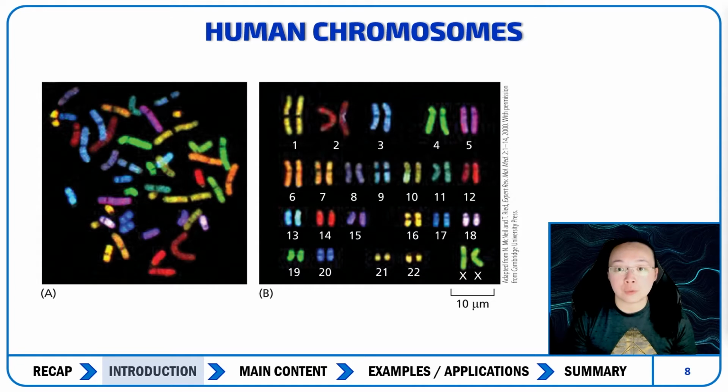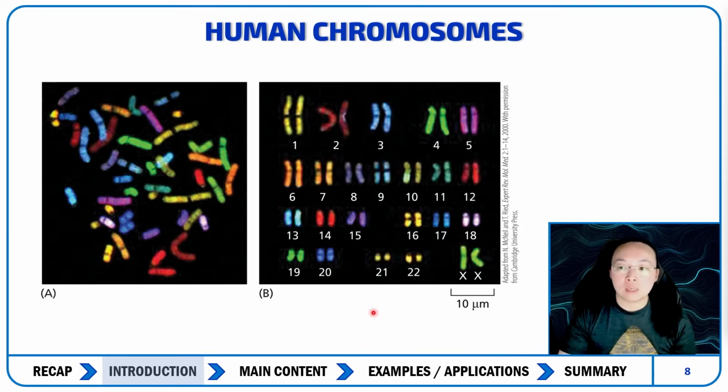Just so you know, there are so many different ways of modeling DNA that this lecture is simply an overview of all the different ways we can look at DNA, from its chromosomes down to its individual hydrogen bonded network. So human chromosomes: in picture A, we have an image taken after a cell was broken up or lysed.